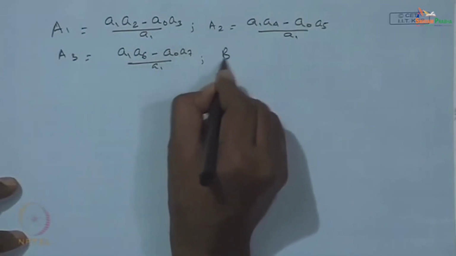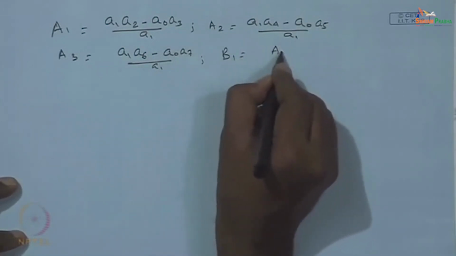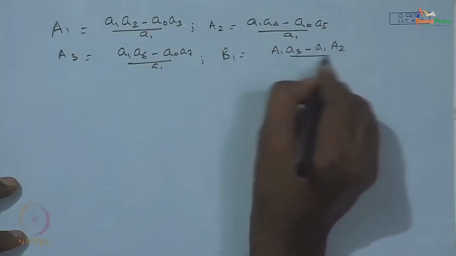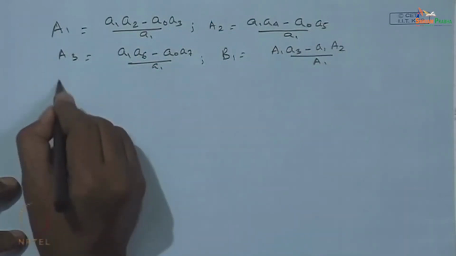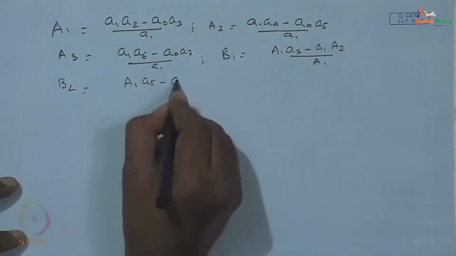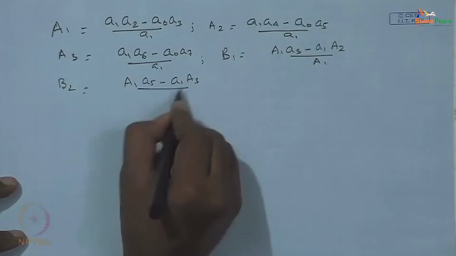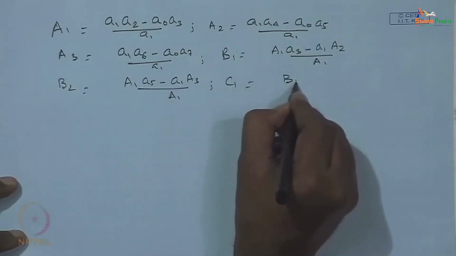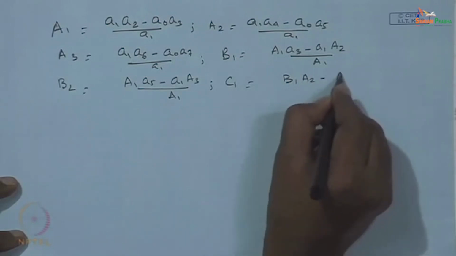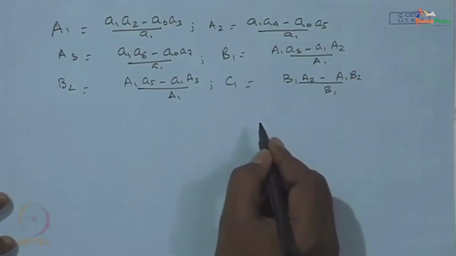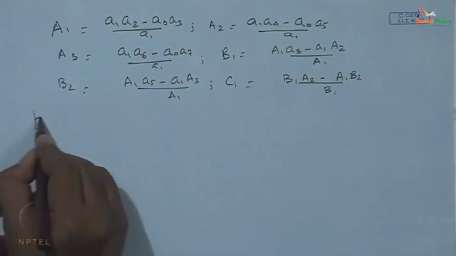We write B1 as (A1 a3 minus a1 A2) divided by A1, B2 as (A1 a5 minus a1 A3) divided by A1, C1 as (B1 A2 minus A1 B2) divided by B1, like that. Now, examine the first column.